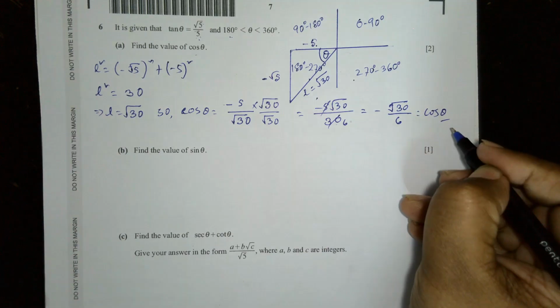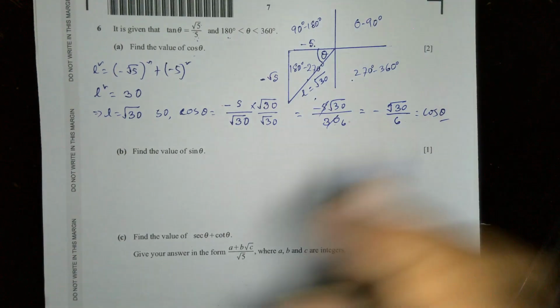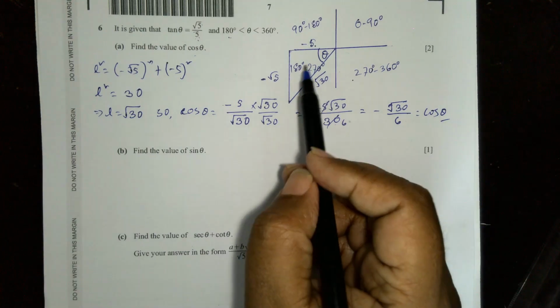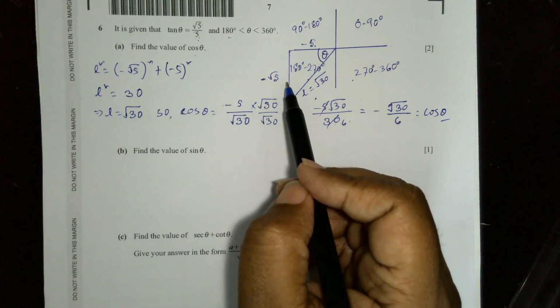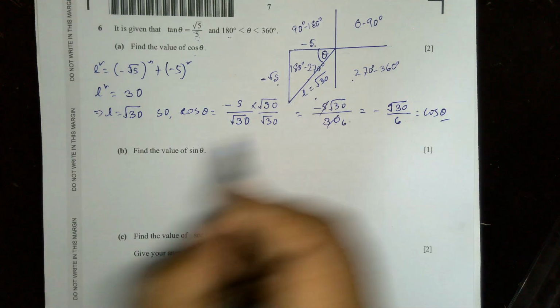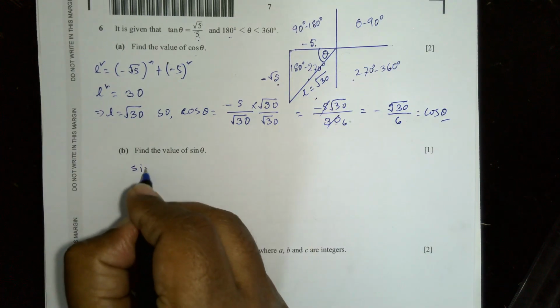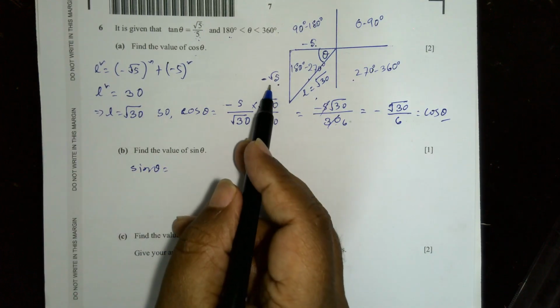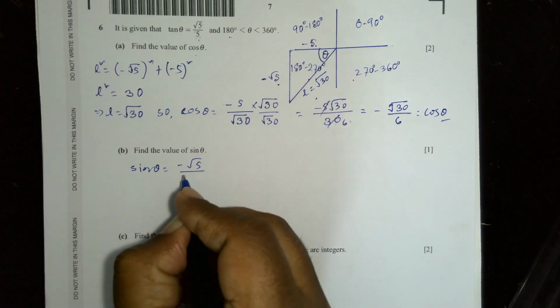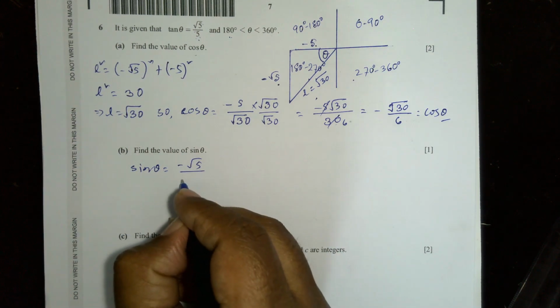Now they have asked us to find the value of sine theta. What is sine theta? Opposite over hypotenuse. So sine theta is minus square root 5 divided by square root 30.